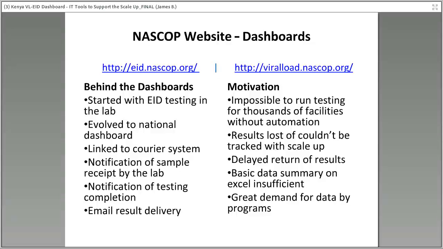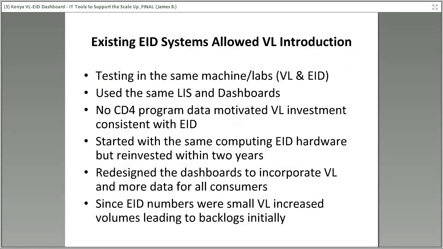So we built it on that background to address the issues of improved testing, delayed results, lost results, inefficiencies of a slow system which had been used for EID, and demand for data by the programs. We also learned from CD4.